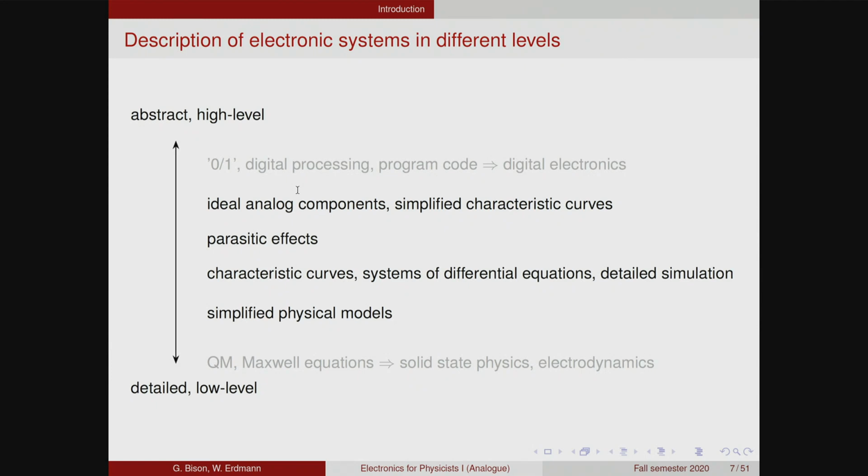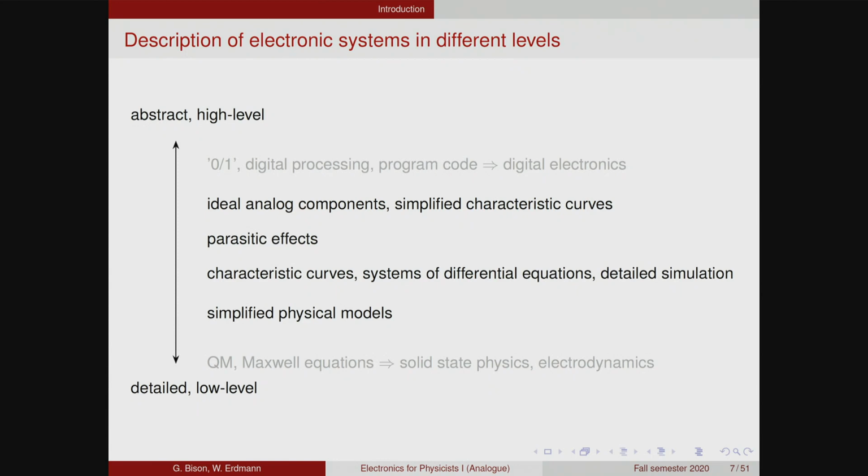Okay, now to define the scope of this lecture, I'd like to introduce a scale from very abstract to very detailed. If you think about abstract, then in principle, digital signal processing is very abstract electronics. In the digital world, if you design a digital algorithm, you assume that you have ones and zeros, and that's a very abstract thing.